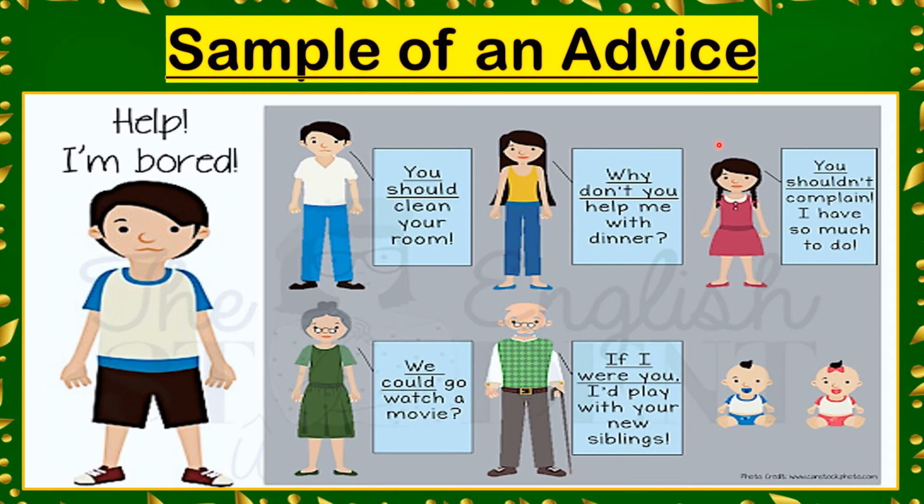The third advice is from his sister. She said, "You shouldn't complain. I have so much to do." The fourth was from his grandmother. She said, "We could go watch a movie." And the last advice from his grandfather, he said, "If I were you, I'd play with your new siblings."